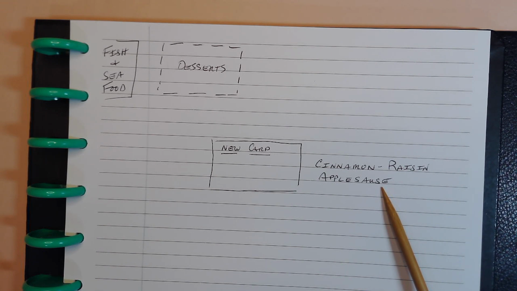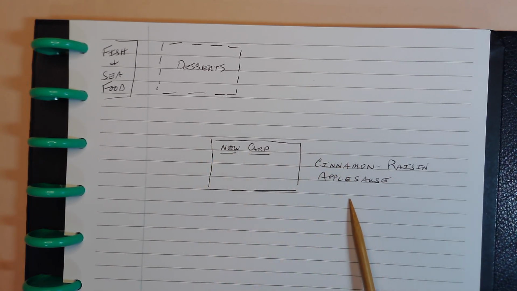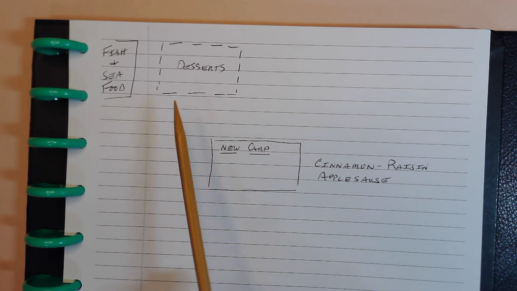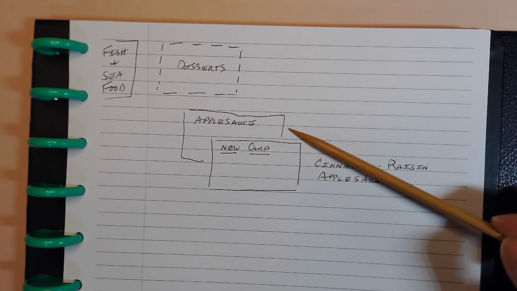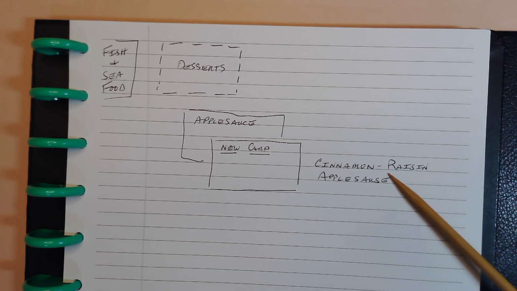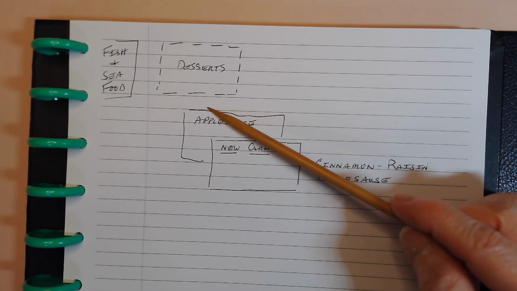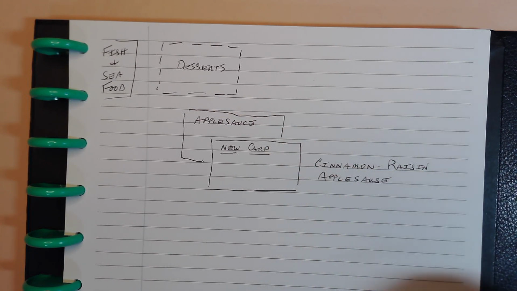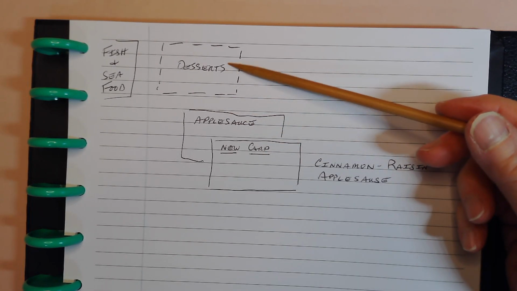And where would you put just plain applesauce if it came up next? No, we might really want to make an intermediate card between cinnamon raisin applesauce and desserts. So here we have another new card for just applesauce, and then our cinnamon raisin applesauce goes under applesauce, which goes under desserts. And we have built from our lonely, overly detailed main card all the way up to desserts.